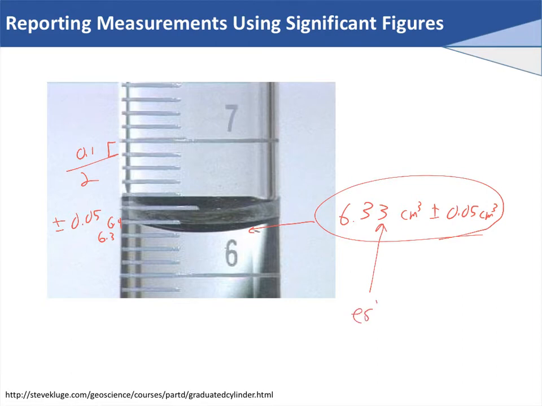This last number is an estimate. You might have said 6.32, you might have said 6.34, depending on how you read that. And quite frankly, when we zoom in this far, where is the mark for this line? Is it the top of this line or is it the bottom of this line? I'd say it's in the middle of the line. So I got 6.33. What did you get?